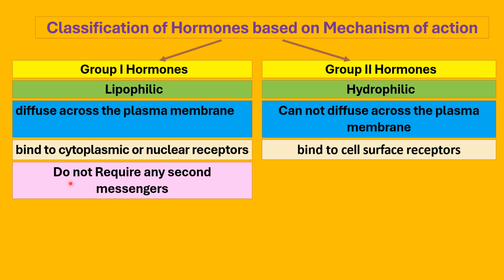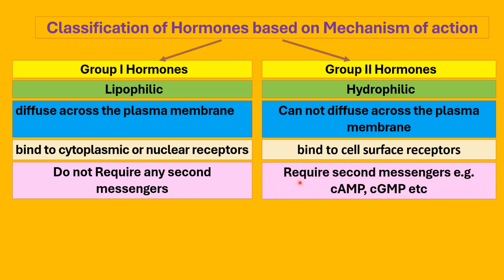Group 1 hormones do not require any second messengers to exert their action, whereas group 2 hormones require second messengers like cyclic AMP, cyclic GMP, etc. to exert their action.